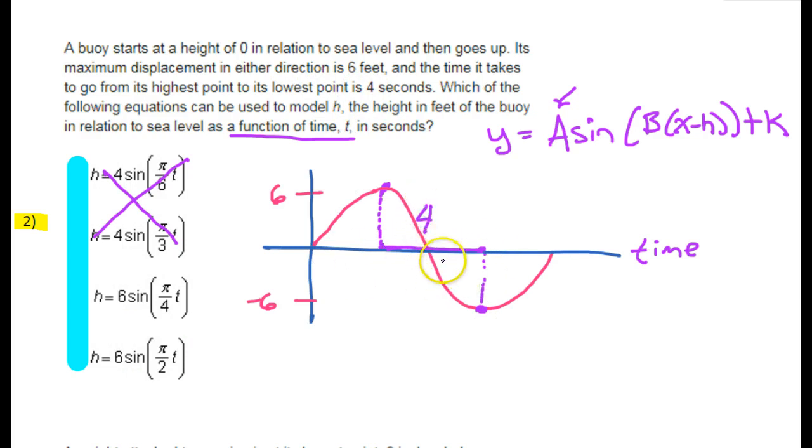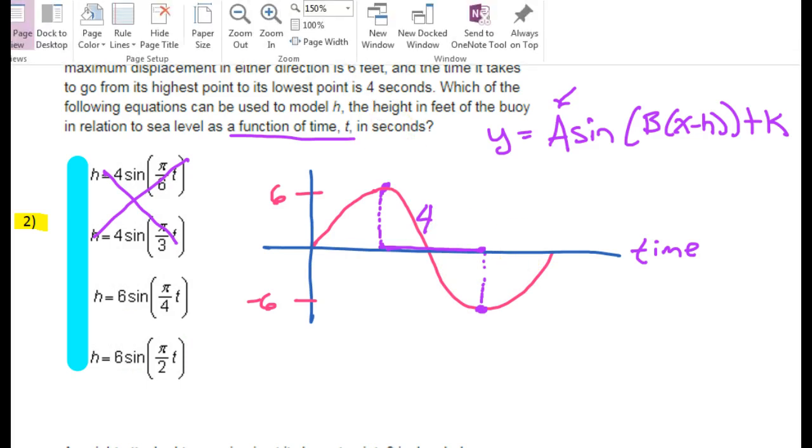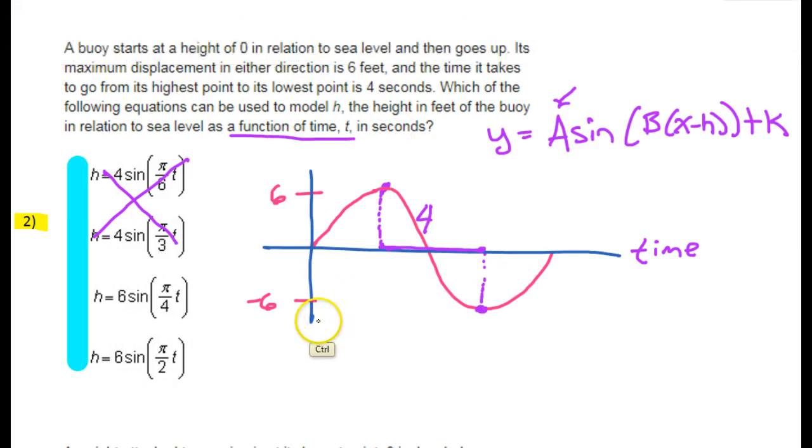Now in terms of this graph, what does that tell me about the period? Remember, the period is this entire distance from the beginning to the end, until it repeats.